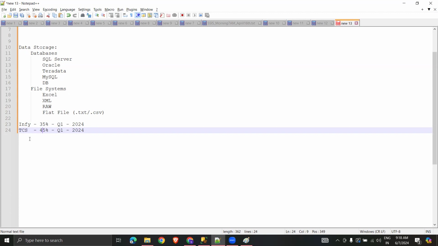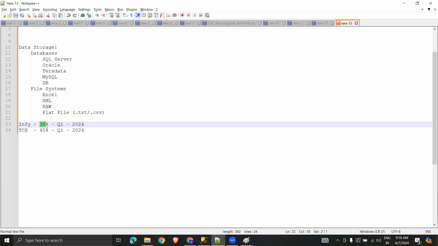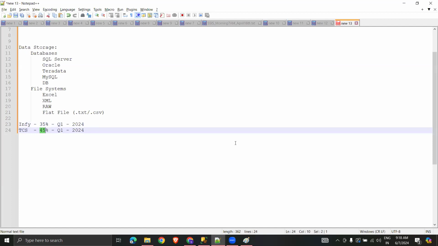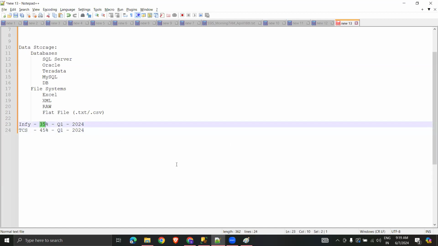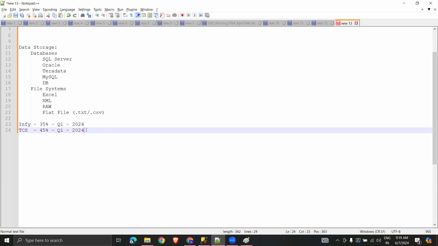Now tell me, friends, has this 35% revenue and 45% revenue been generated only from Telugu guys because of Hyderabad? No. This 35% is not the one generated from Hyderabad. It is a consolidated, summarized, aggregated value that's been generated across all the branches throughout the globe.